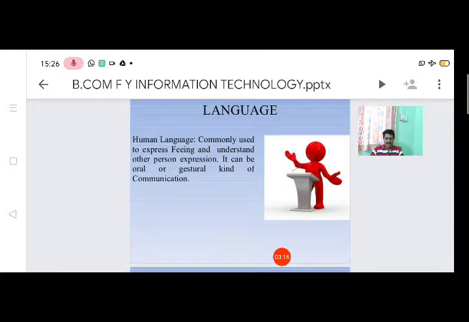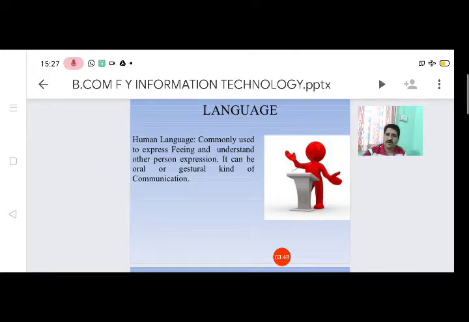There is an array of computer programming languages that programmers can use to communicate with the computer. The language that a computer can understand is called a binary language.